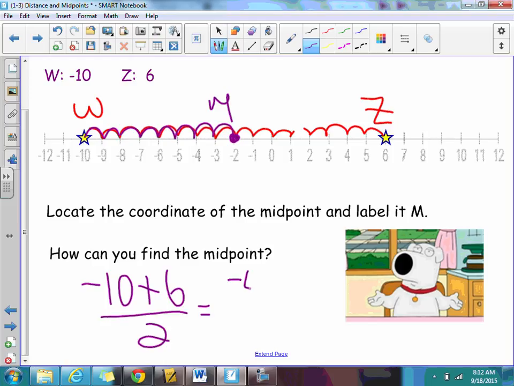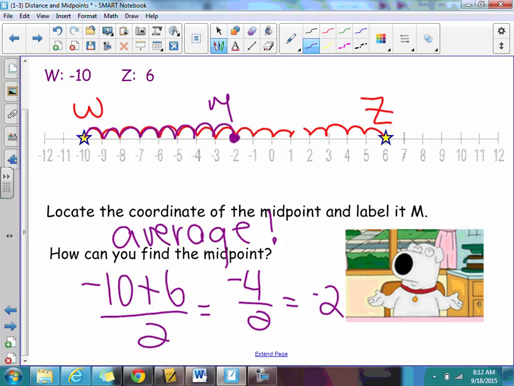So that's negative 4 divided by 2, and it does work. What's that called? What happens when you get two tests, and your first test is a 90 and your second test is 100? There you go, you average. It's the average of the two numbers. It'll always find you the middle, just like if you had two tests, you average them together to figure out what your average grade is.